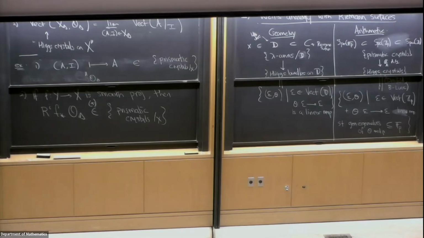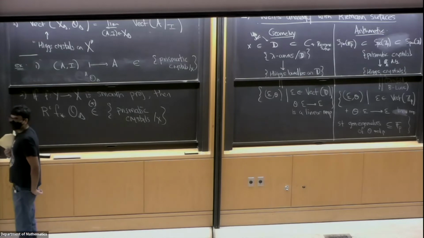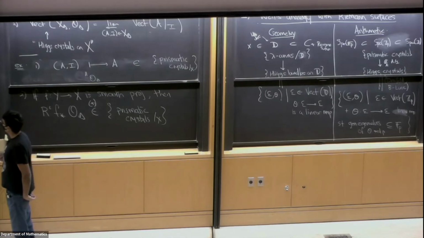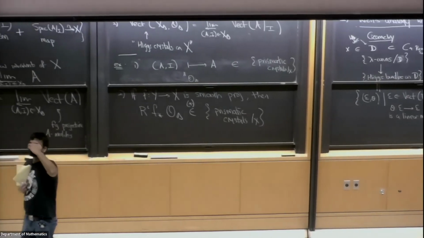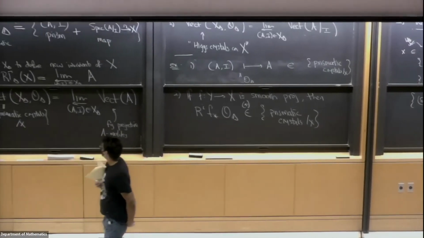If you take A comma I to be ZP comma P, then what is what? Well, A comma I is varying over this inverse limit, so I don't know what it means to fix. If you take X to be spec of ZP, this is actually rather interesting.